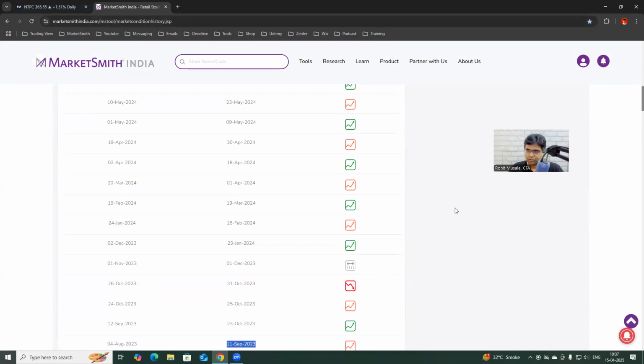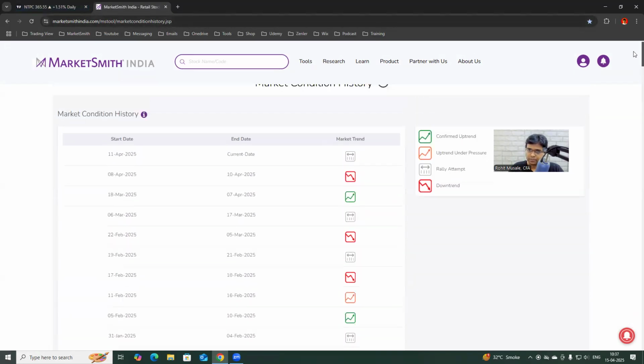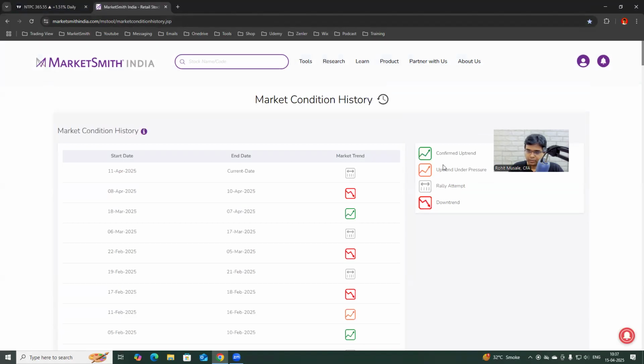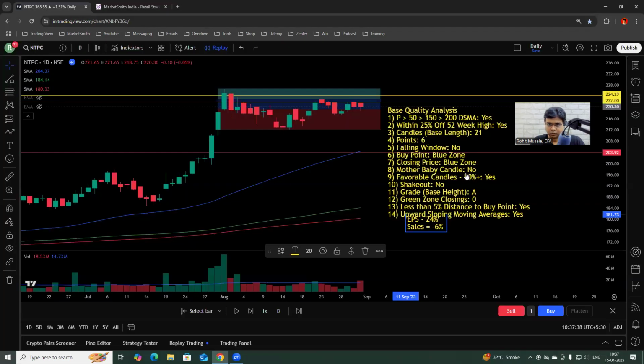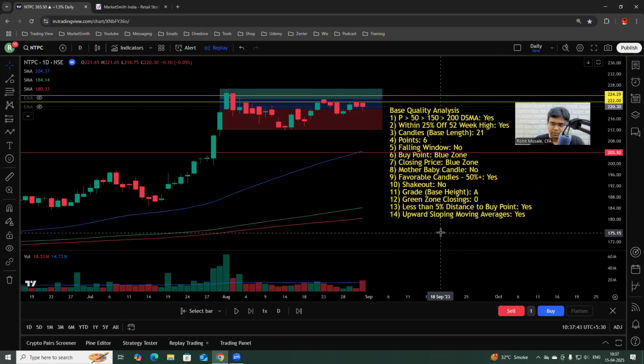Okay. Now, remember what I had taught you. You can only take a swing trade when the market is in confirmed uptrend. And at that time, the market was in uptrend under pressure. Okay. So you can't take a swing trade. So that single condition alone would allow me to reject the stock.